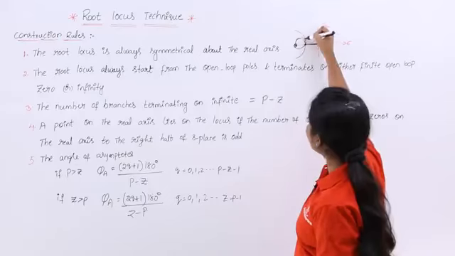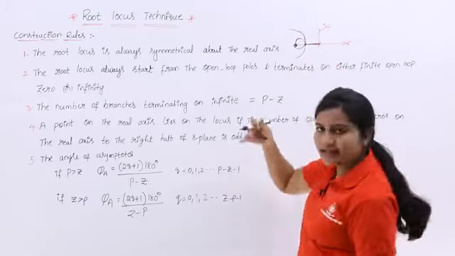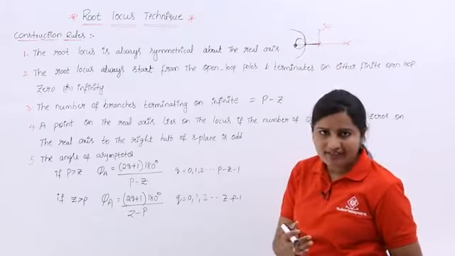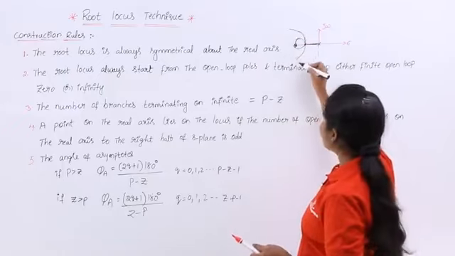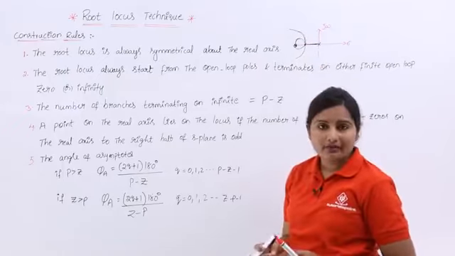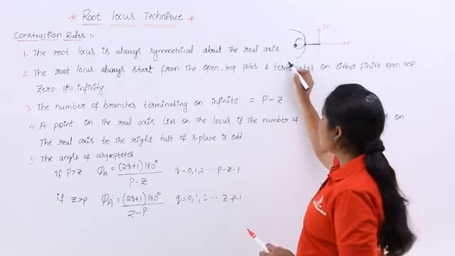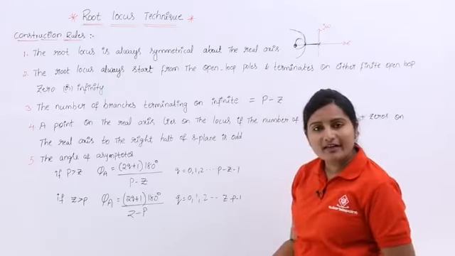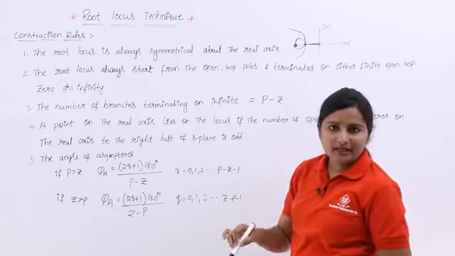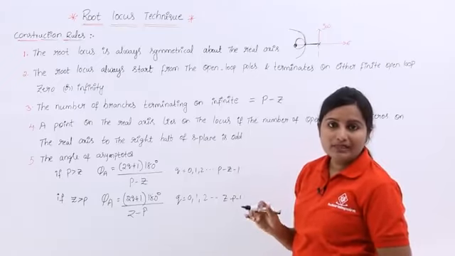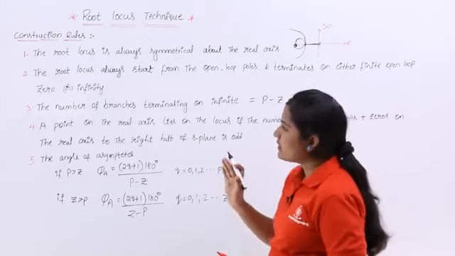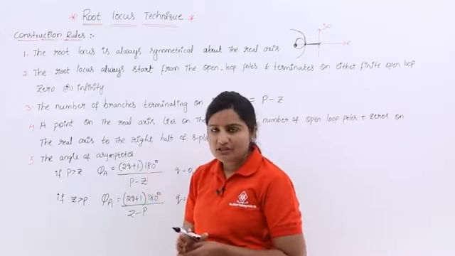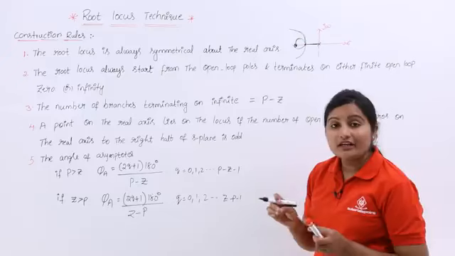If it is going to terminate at infinity, we do not know the end of that, whatever root locus we have drawn. So this may terminate at infinity or this may terminate at an open loop zero.